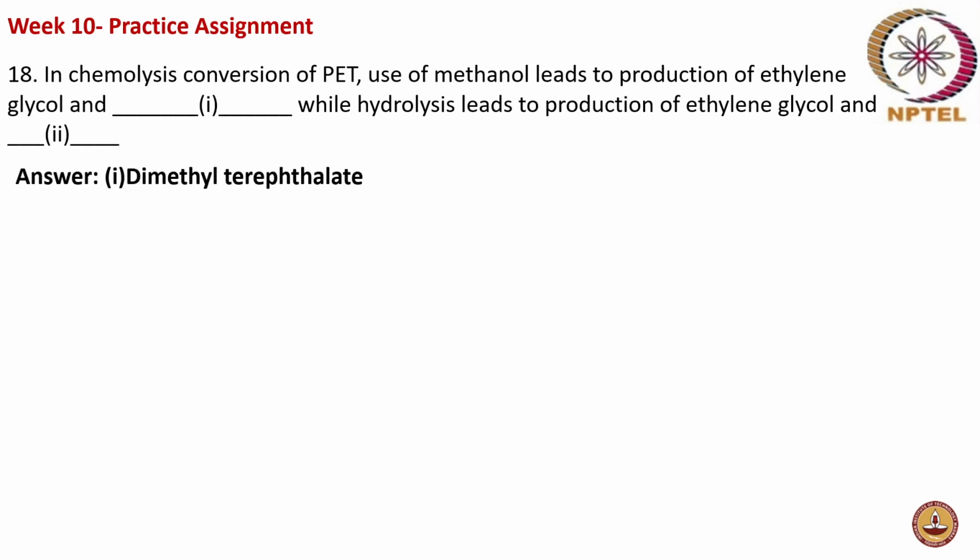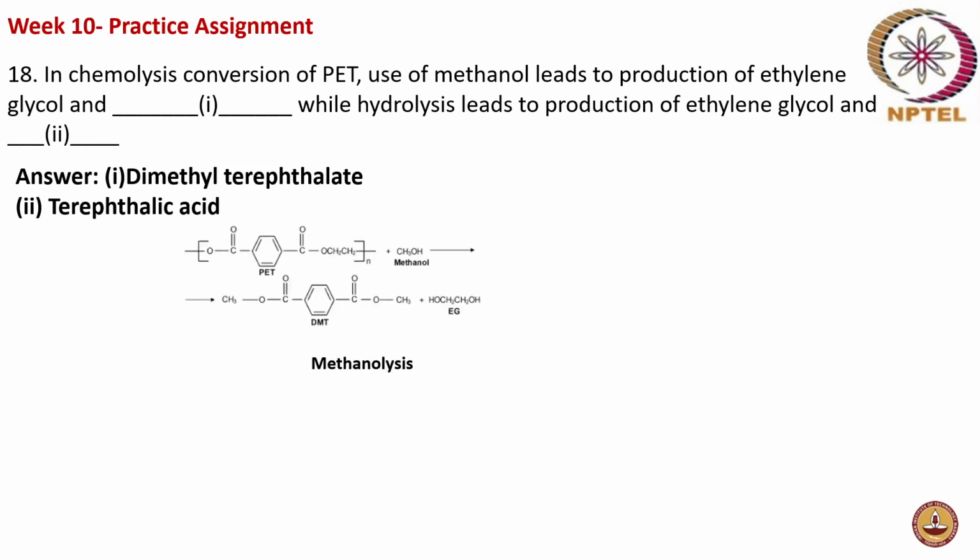When we use methanol, we get monomers ethylene glycol and dimethyl terephthalate, while when we use water, we end up with ethylene glycol and terephthalic acid. We know that polyethylene terephthalate is formed due to reaction between ethylene glycol and terephthalic acid.